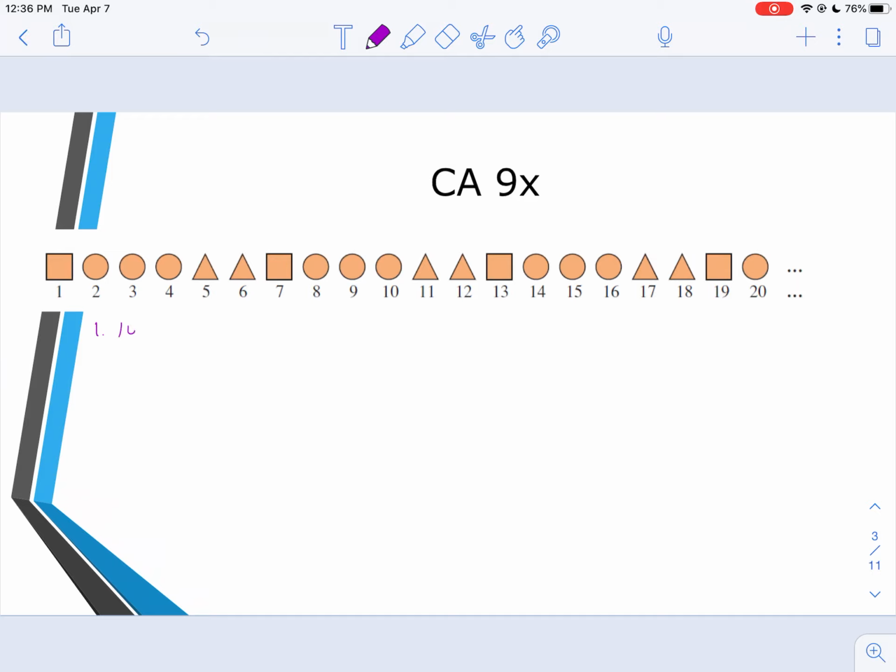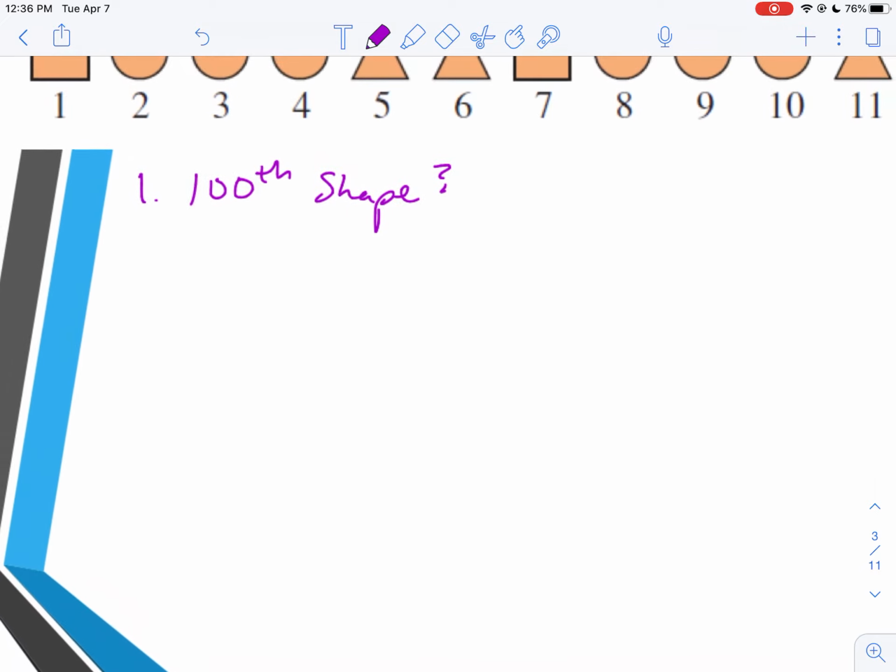The first is, what will be the 100th shape? The second question is, how many circles will there be in the first 100 shapes?